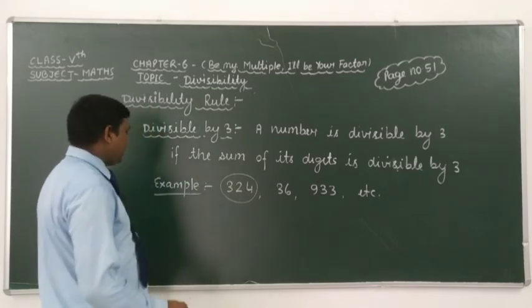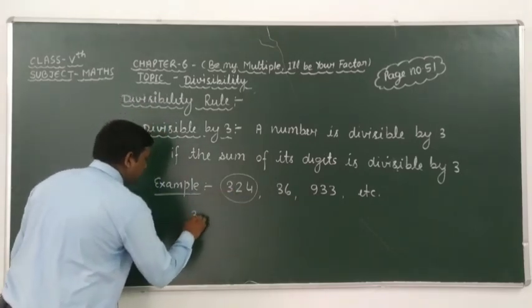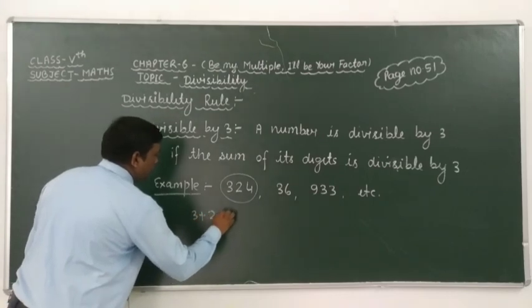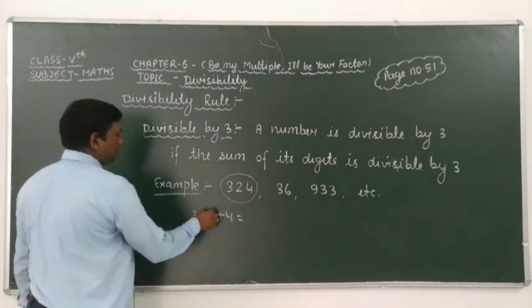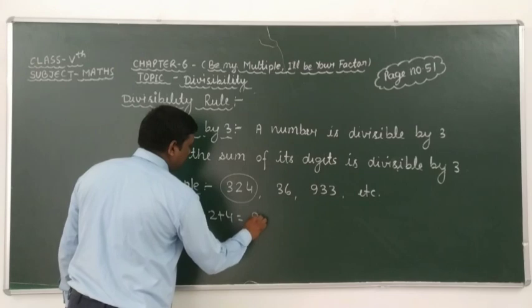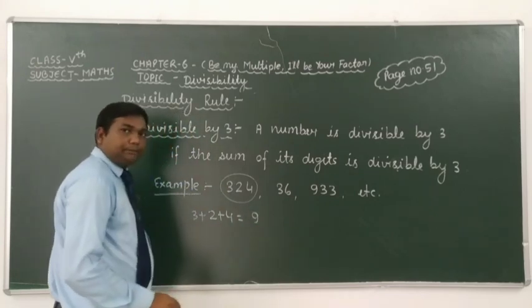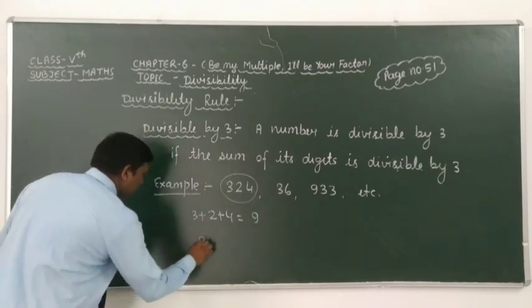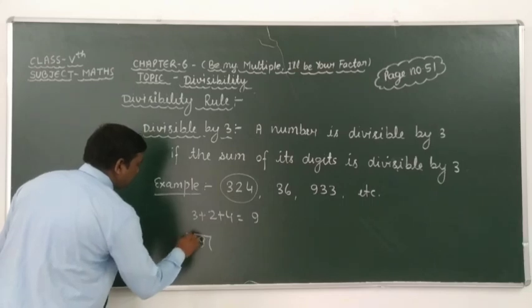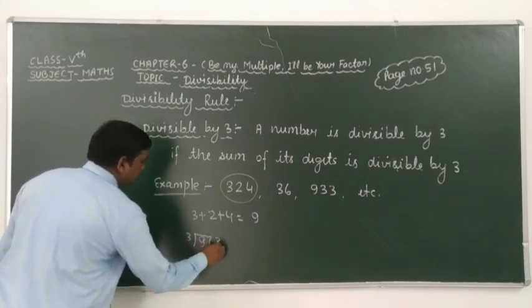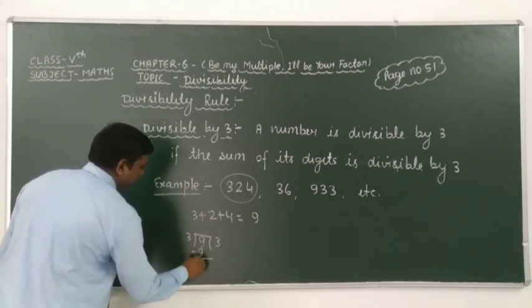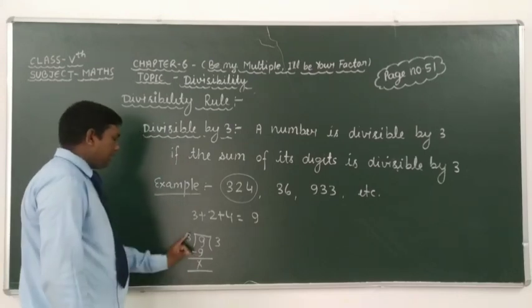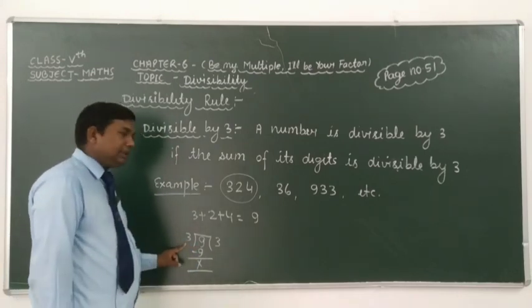Okay, students, look at here carefully. Here given that 3 plus 2 plus 4, 3 plus 2 is 5, 5 plus 4 is 9, 9 is divisible by 3. Look, if we divide 9 by 3, 3 3s are 9. Here we get cancel marks. It means that 9 is divisible by 3.